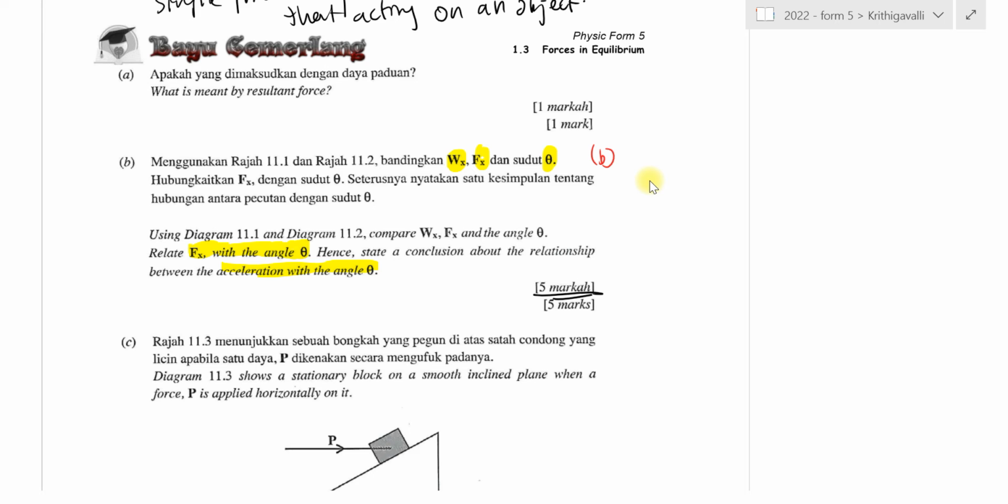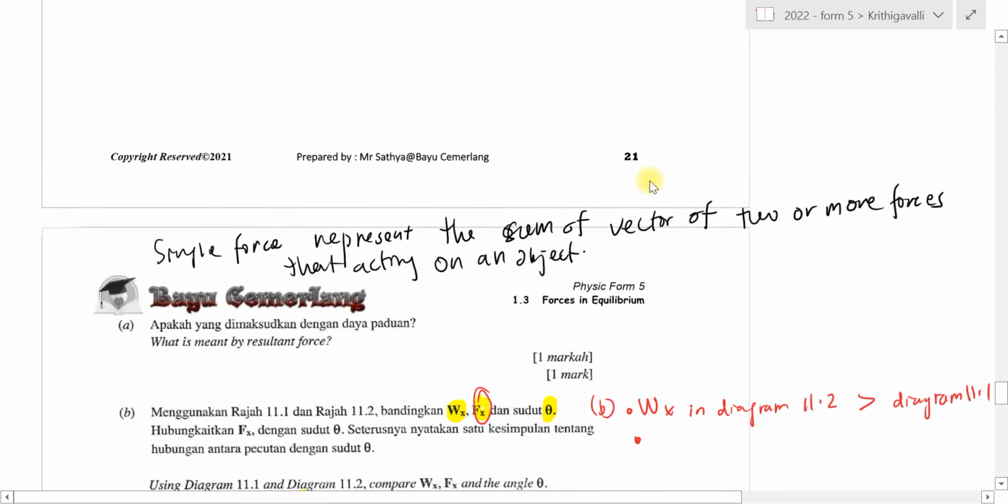So Wx in diagram 11.2 greater than diagram 11.1. Okay, first point.